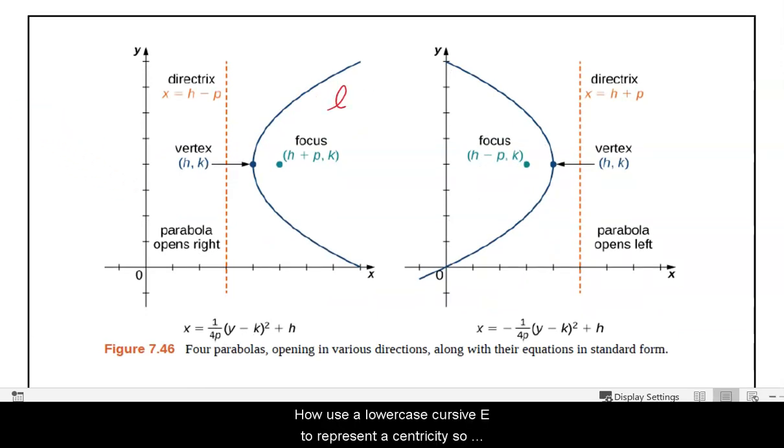I'll use a lowercase cursive e to represent eccentricity so you won't confuse it with Euler's number, which is about 2.718. This means that the eccentricity for a parabola must be precisely 1, since the distance to the focus and the distance to the directrix are the same.